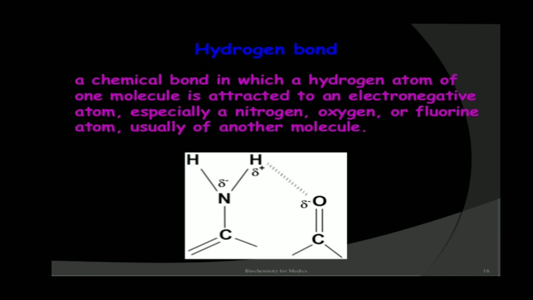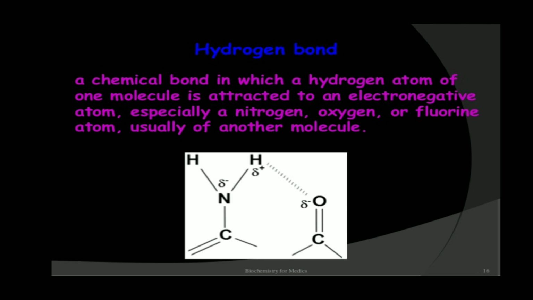The DNA double helix is held together mainly by hydrogen bonds, as I told you earlier. A hydrogen bond is a chemical bond in which the hydrogen atom of one molecule is attracted to electronegative atoms, especially nitrogen, oxygen or fluorine atoms, usually of another molecule.